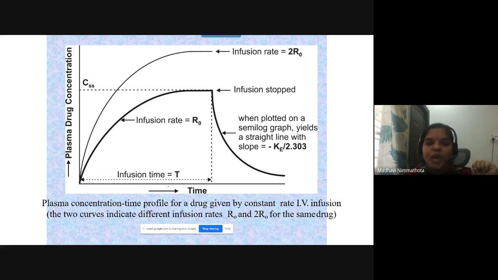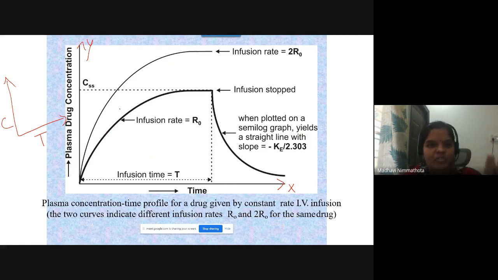When you plot the graph of time versus plasma drug concentration, first concentrate only on time versus concentration. These two graphs belong to one drug only, not to two drugs.